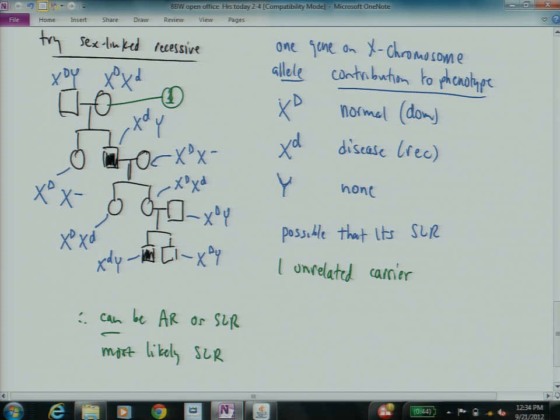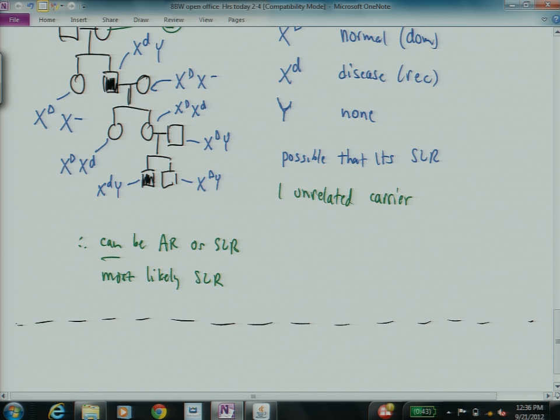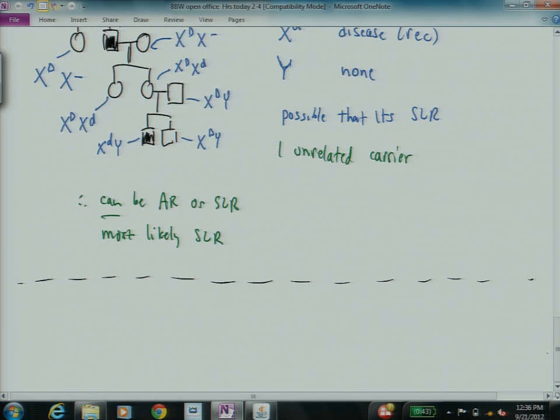What I want to segue to is a somewhat related thing that's important for thinking about pedigrees and the like. There are times you'd like to know how likely something is. In fact, some of you may go on to be genetic counselors.